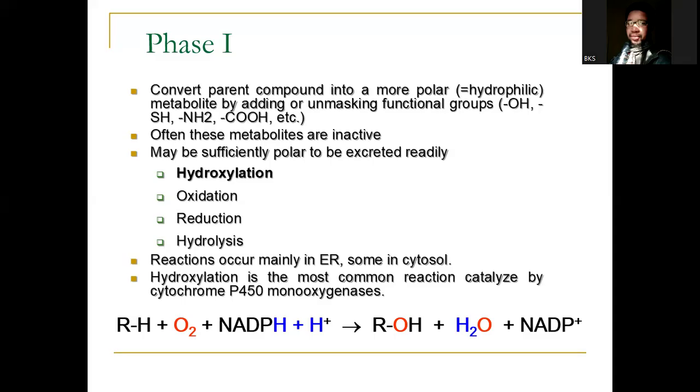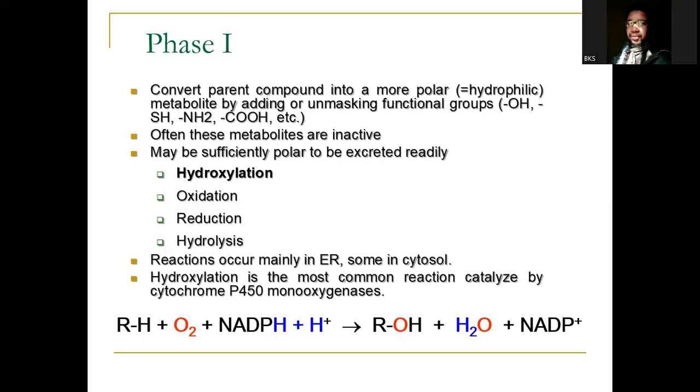But there are quite a number, like epoxidation, peroxidation, desulfuration, deamination, etc. And in most cases, you will see that the reaction ends up adding either an OH group, sulfhydryl group, amino group, carboxy group, or even removal of these, depending on what will make the compound more soluble.